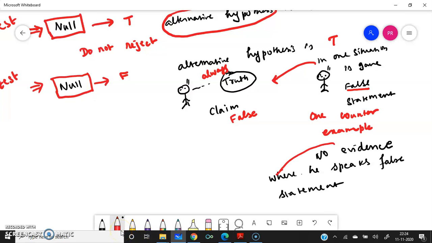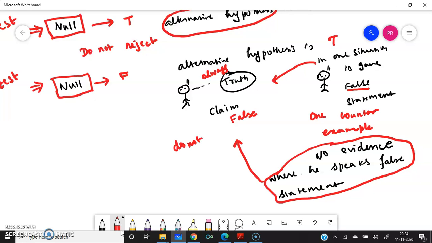No evidence where he has spoken a false statement means I can say that for my hypothesis, that he always speaks truth, there is no evidence to say that this statement is false. So I can say do not reject. In this case, do not reject. In this case, reject. My decision in the first case, I can call it the first state, and the second state.